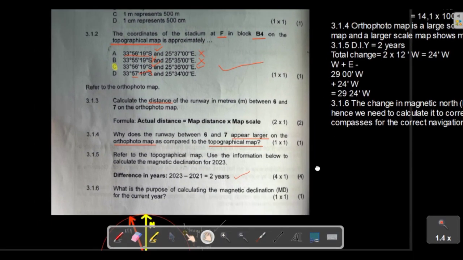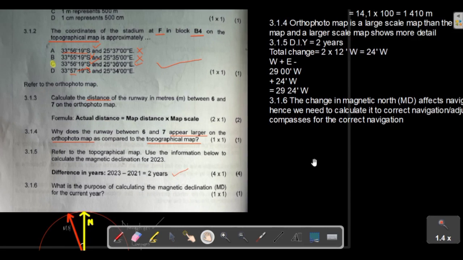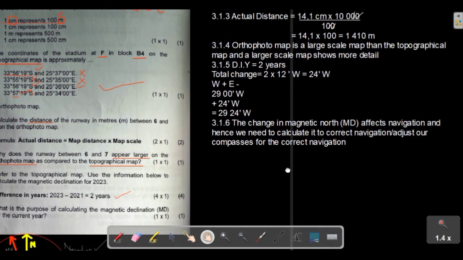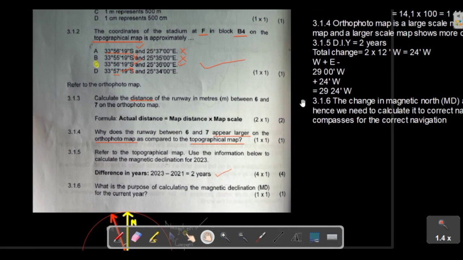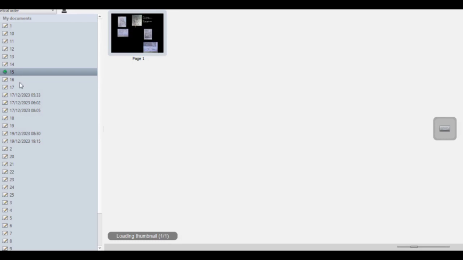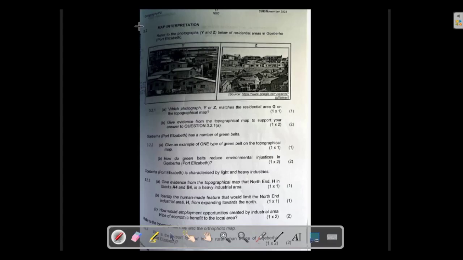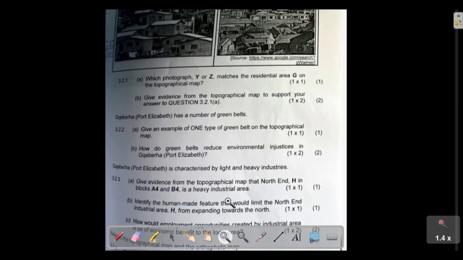So that is 3.1.6, guys. That should be it. So let's move on then to 3.1.7, if we do have that. No, we don't.